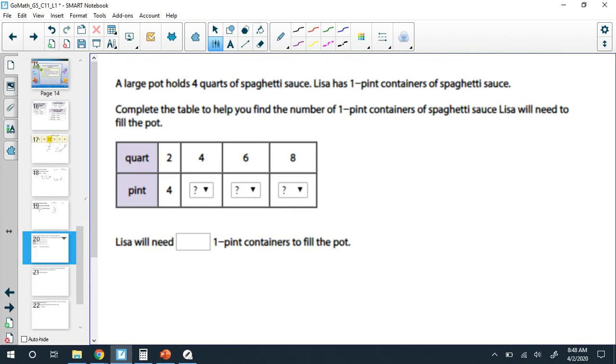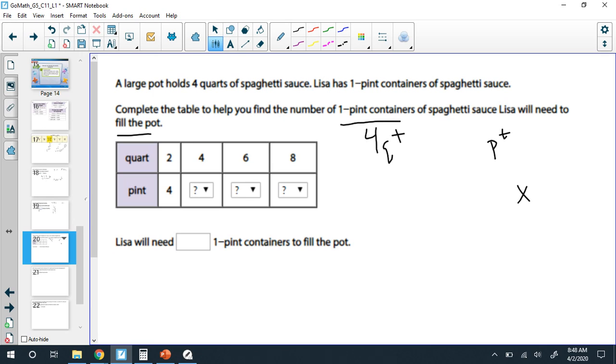So in this situation, we want to change 4 quarts to some number of pints, because we need to figure out how many 1-pint containers she will need to fill the pot. Quarts are bigger than pints, so we are going from big to small, so we multiply. We also have the chart here that they want us to fill in. And hopefully we can remember that every quart is made up of 2 pints.